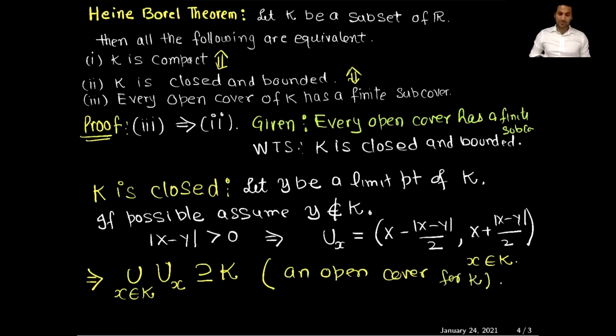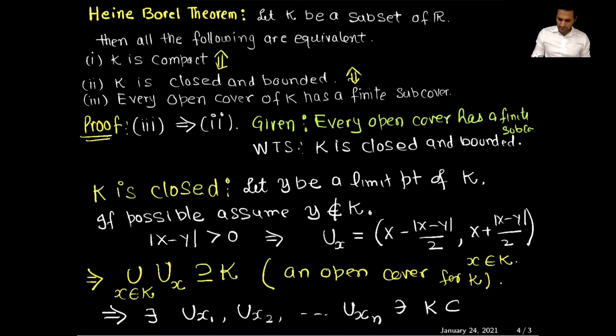So again, our assumption is that every open cover has a finite subcover. So it means there exist U_x1, U_x2, and so on up to U_xn, such that K is a subset of the union over i from 1 to n of U_xi.